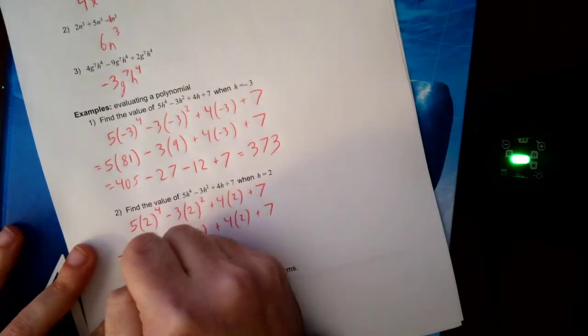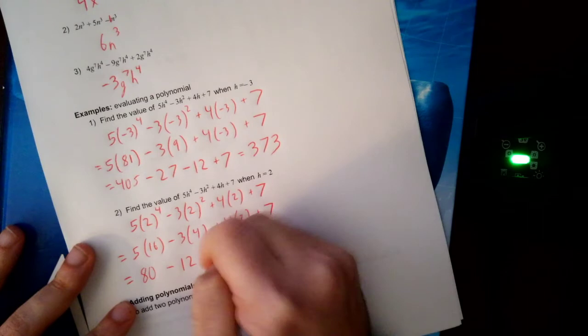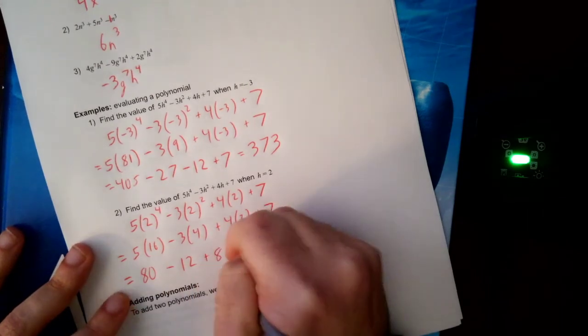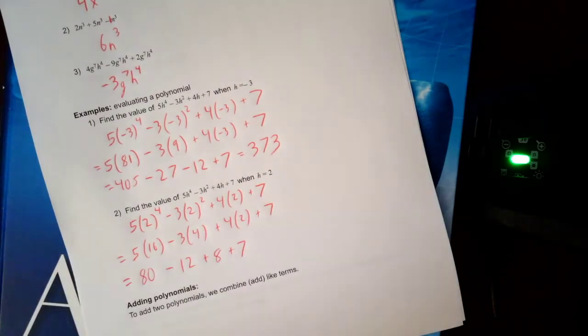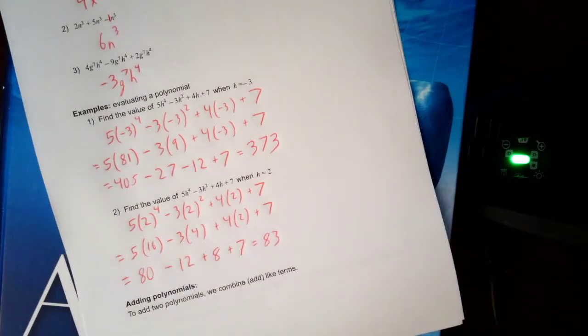We get 80 minus 12 plus 8 plus 7. So when I do 80 minus 12 plus 8 plus 7, works out to be 83. We get 83 when we evaluate this polynomial at h equals 2.